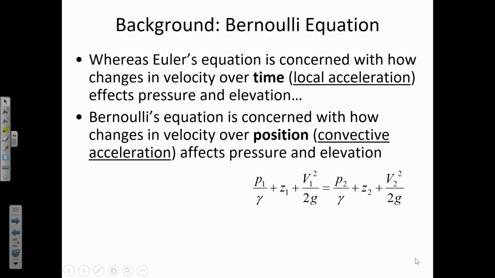So each of these three terms at location 2. What it says is that when you have a change in velocity with respect to position, then the sum of these three things has to remain constant.